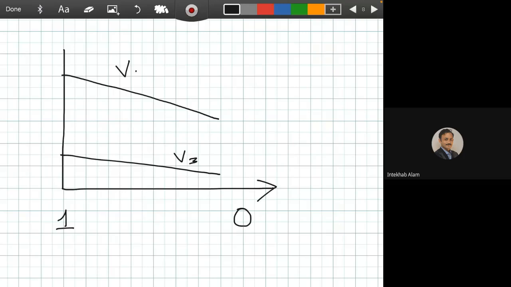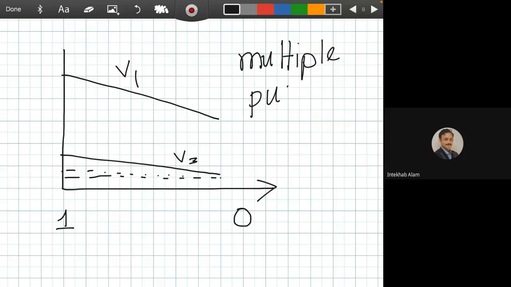And for V5 or V7, they are much smaller. Okay, so these options are for multiple pulse width modulation.